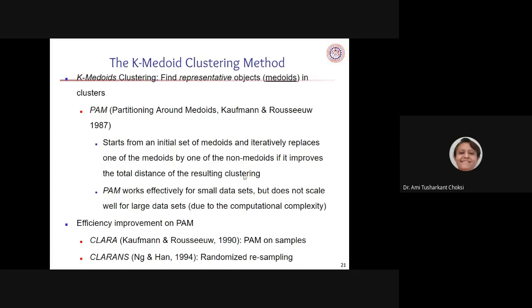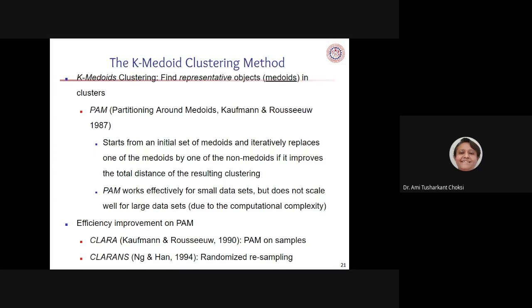If the distance we are finding after having the new non-medoid object, that is the cost which we considered, improves, then only we will do the swapping, right? Swapping of what? That old medoid will be replaced with the new random medoid.